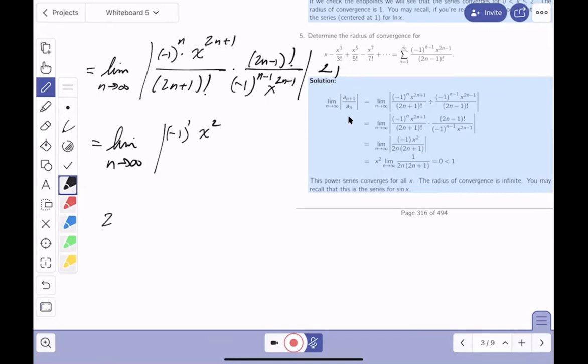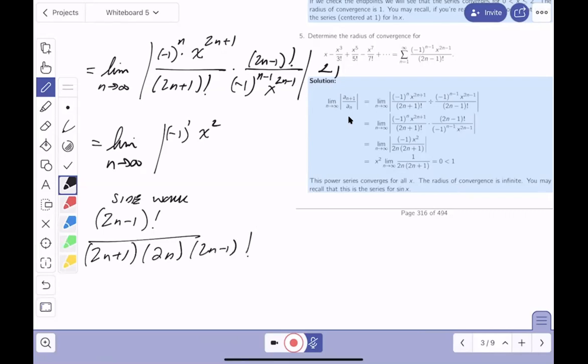The top is 2n minus 1 factorial. And what's the bottom going to be? Well, it's 2n plus 1 factorial, which is 2n plus 1 times 2n times 2n minus 1 factorial. Well, these cancel off. So I get something pretty nice over there. I get 2n times 2n plus 1. And that's the absolute value of that whole thing, less than 1.